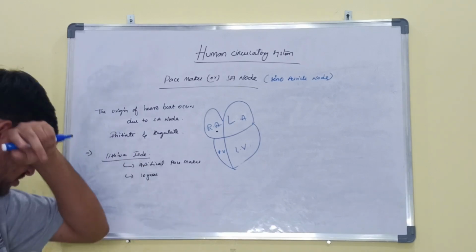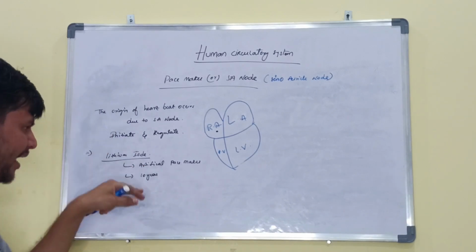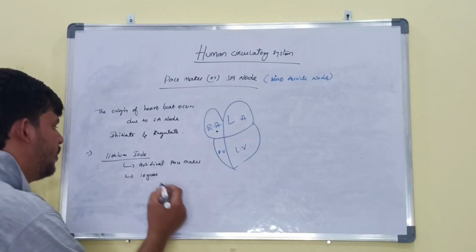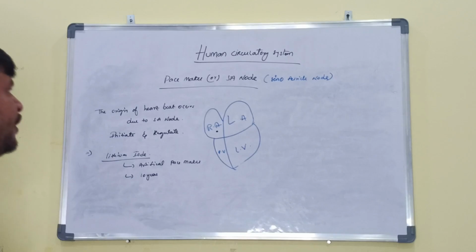The working period of an artificial pacemaker is 10 years. This is the sino-auricular node.